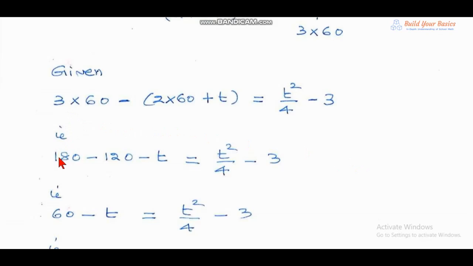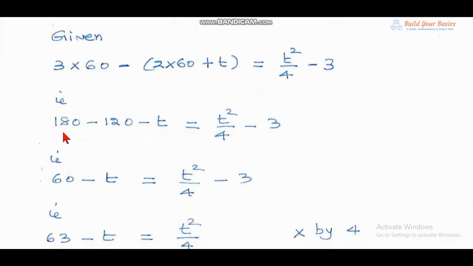That is 180 minus 120 minus t equal to t squared by 4 minus 3.